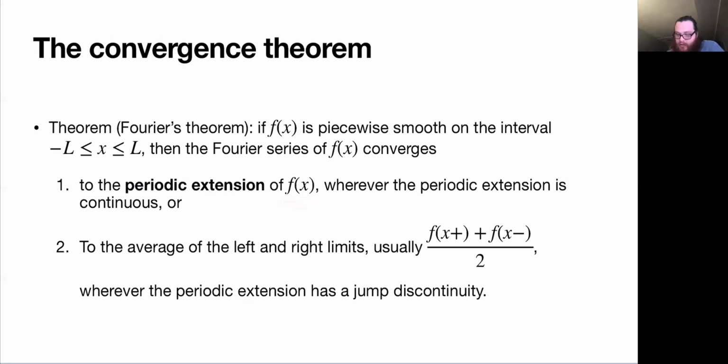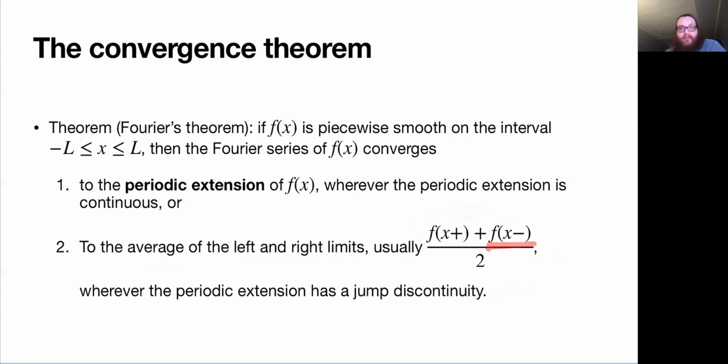Then the question is, what about places where the periodic extension is not continuous, and in particular where f of x, the original function on the original domain, isn't continuous? The theorem says that the Fourier series will converge to the average of the left and right limits. This is the right limit, you're approaching x from above.